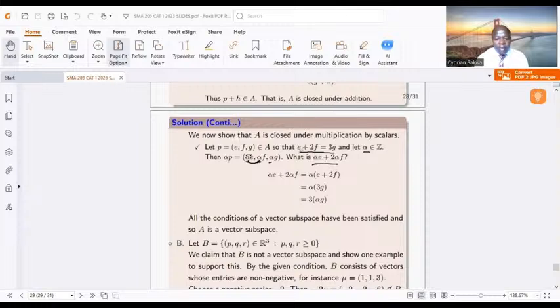But what is E plus 2F? E plus 2F is here, it is 3G. So this is alpha times 3G. In fact, what I'm using here is associativity.